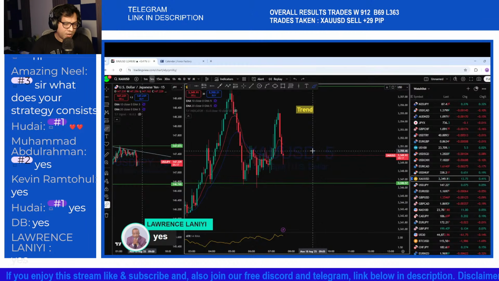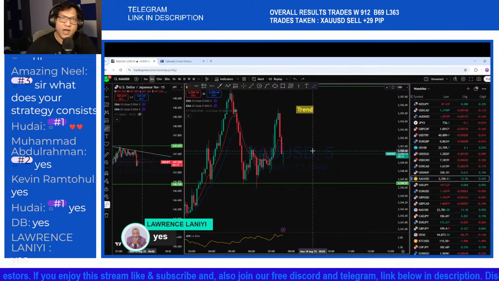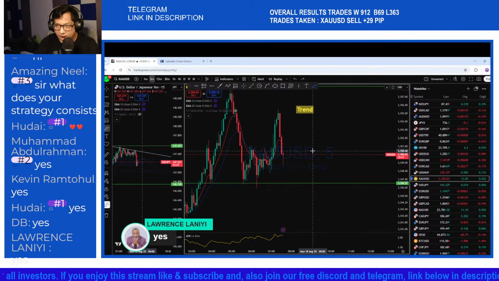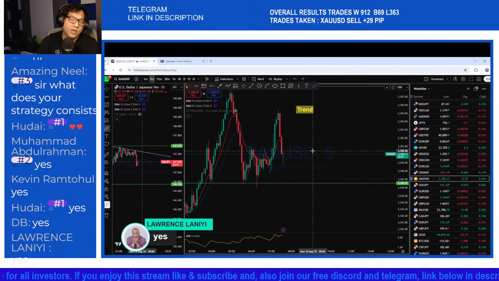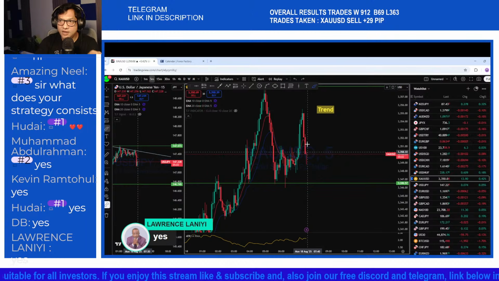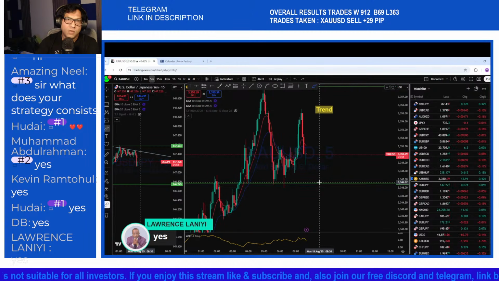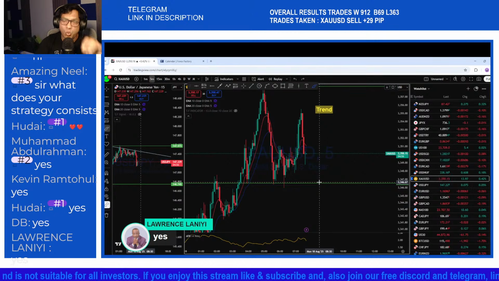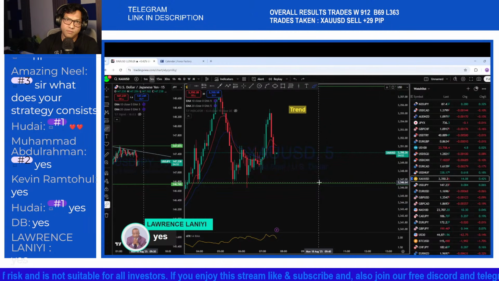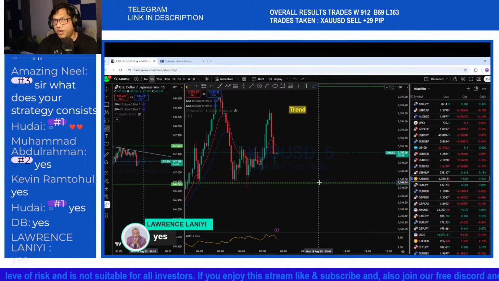Uptrend doesn't mean that you're going to buy at the higher high. There's a very famous proverb, buy from higher high, sell from lower low. It doesn't work. You can see that if you buy from higher high, it just dropped. The actual way to trade is buy from breakdown, sell from breakout.